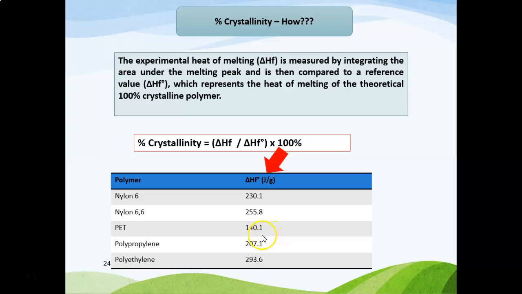You don't need to memorize it. It is a fixed value for 100% crystalline polymer, and you just need to use the formula delta HF divided by delta HF naught times 100. You can measure delta HF from the DSC graph.